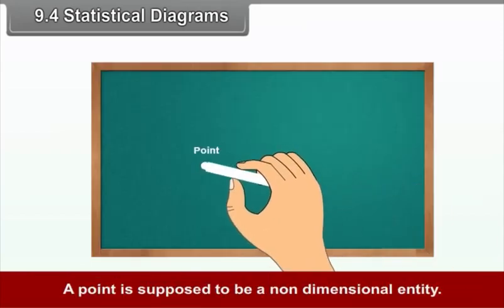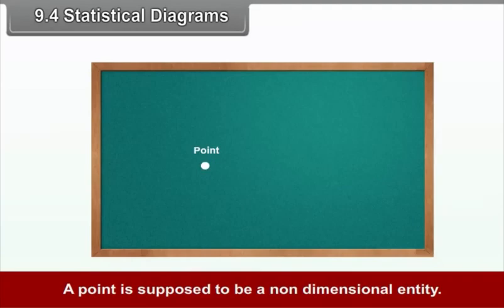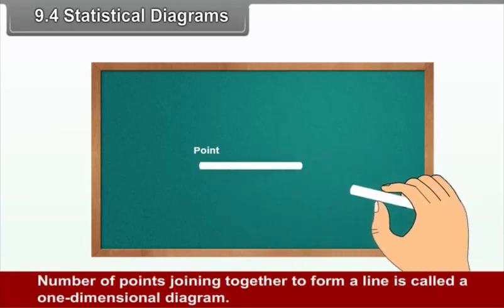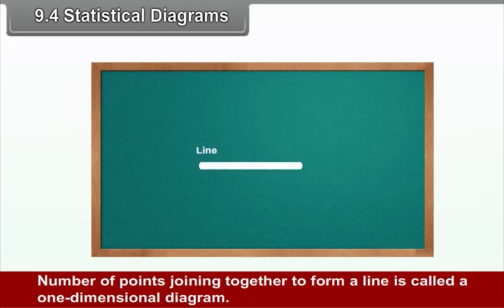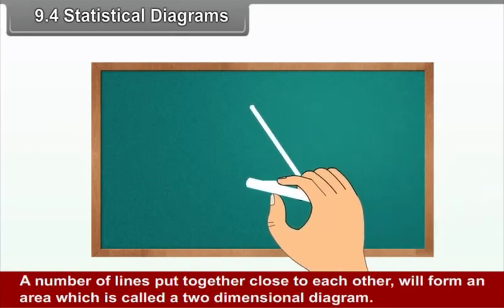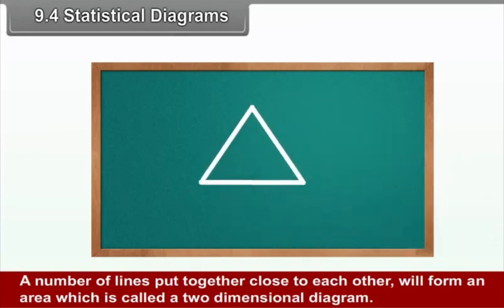A point is supposed to be a non-dimensional entity. A number of points joining together to form a line is called a one-dimensional diagram. A number of lines put together close to each other will form an area which is called a two-dimensional diagram.